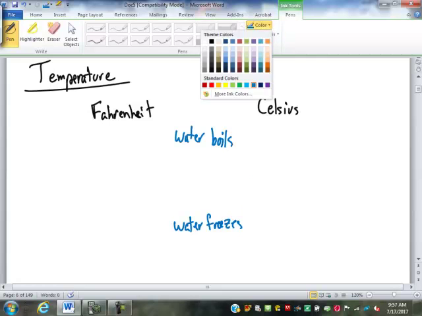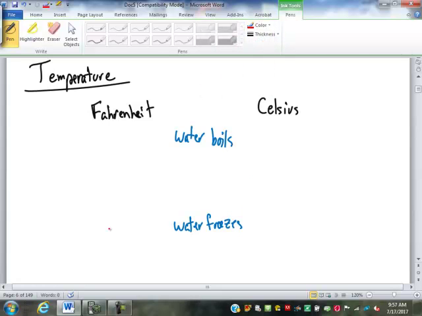In the Fahrenheit scale, what temperature does water freeze at? 32 degrees Fahrenheit. What temperature does it boil at? 212. Now, there's a little condition on that. That is the temperature that water freezes and boils at sea level at 1 atmospheric pressure, standard atmospheric pressure.